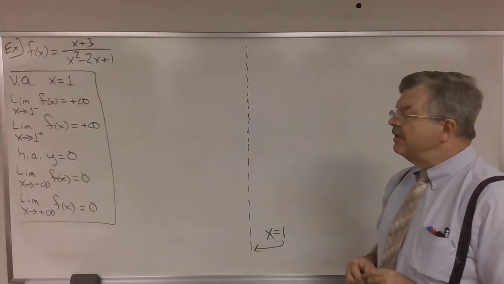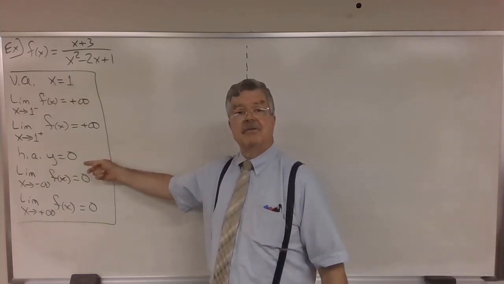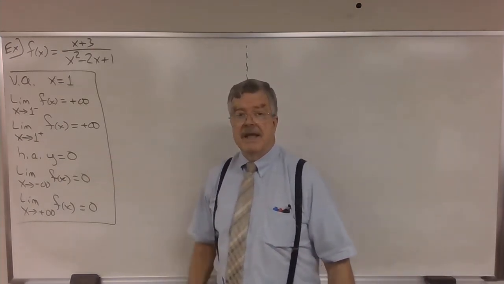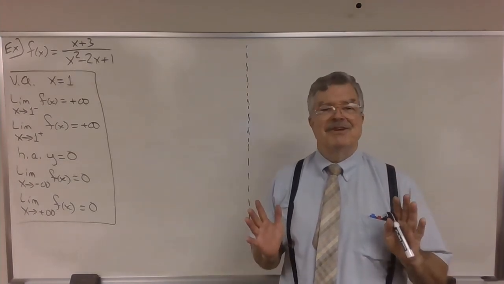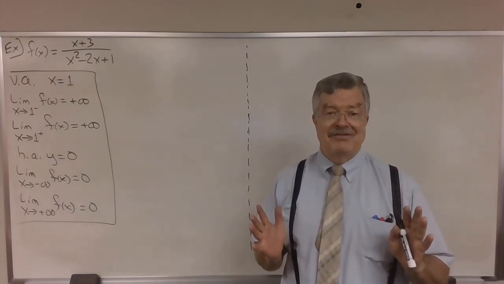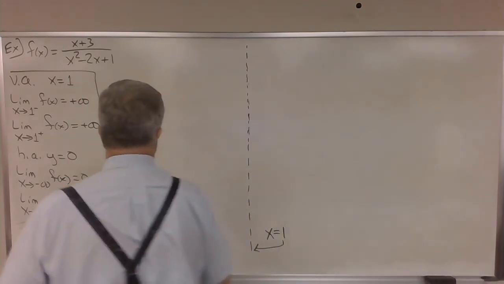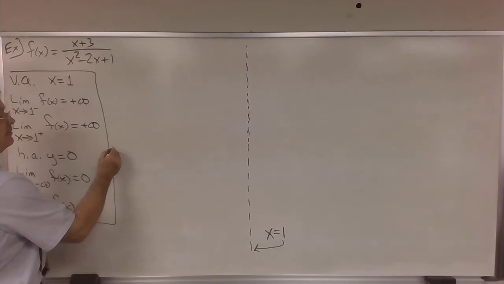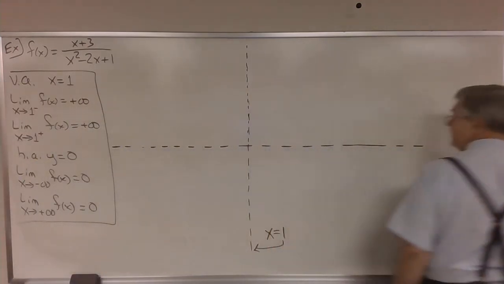Now, I guess the joke's on me in this sense, because the horizontal asymptote is y equals 0. And y equals 0 is just another name for the x-axis, isn't it? So here's my horizontal asymptote, alias the x-axis.